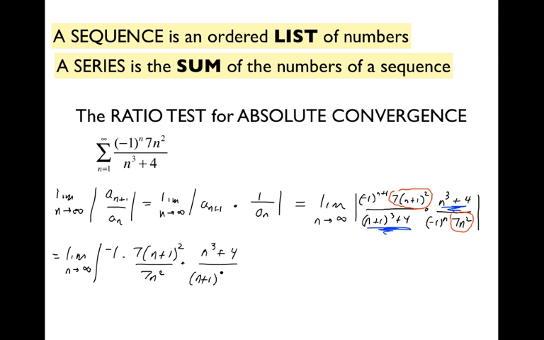Okay, so now we just have to know our sequences, right? So now we're evaluating the sequence of this thing. This can just go because it's absolute value. So what is the limit of 7 times quantity n plus 1 squared over 7n squared, the limit as n gets big of that?